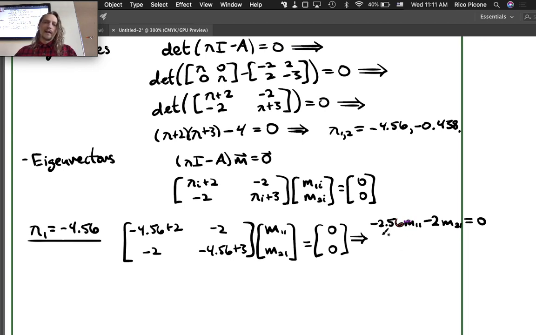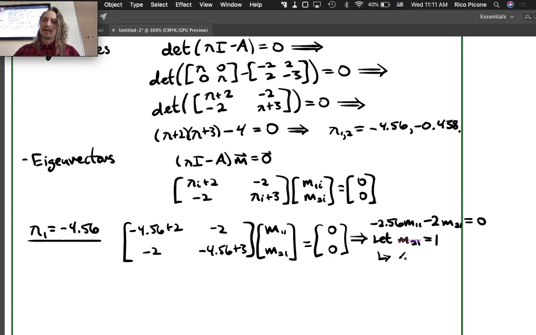And then you can let m21 equal 1, just because my notes did it this way.